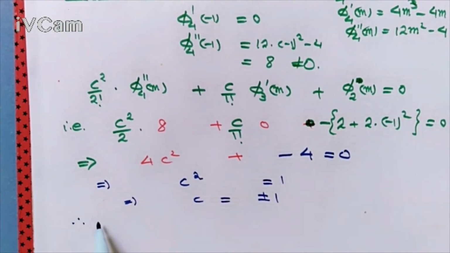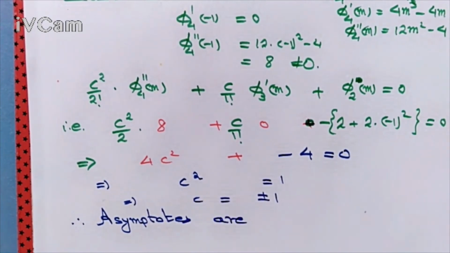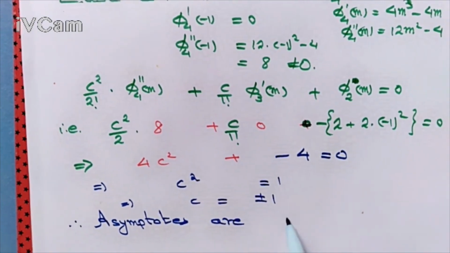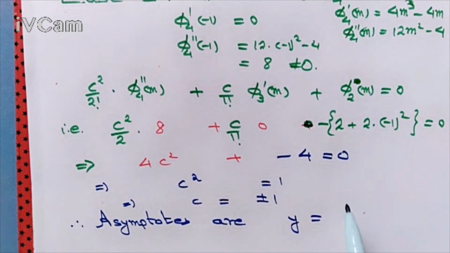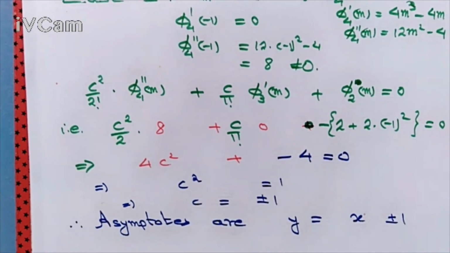Therefore, asymptotes are y equal to mx plus c, where m is minus 1 and c is plus or minus 1.